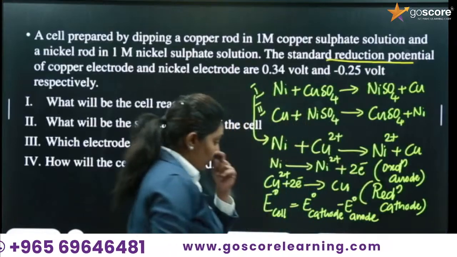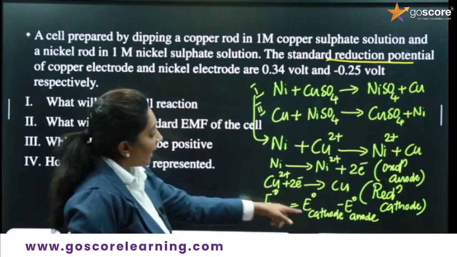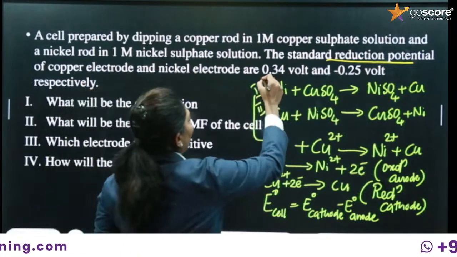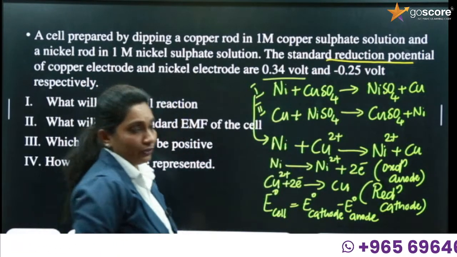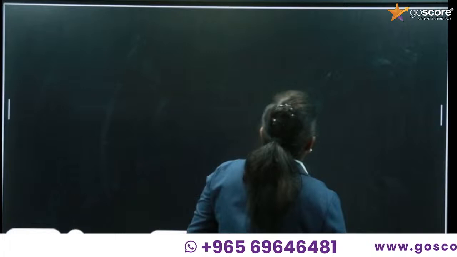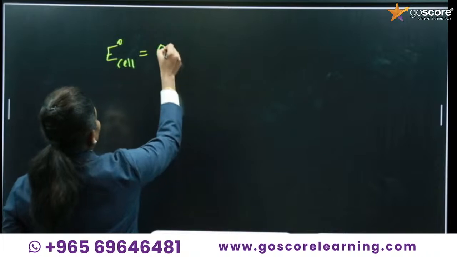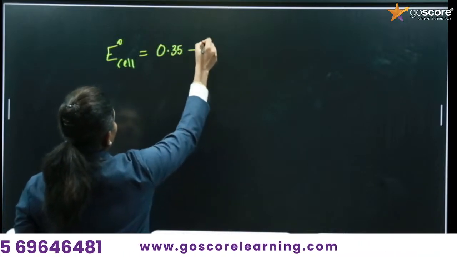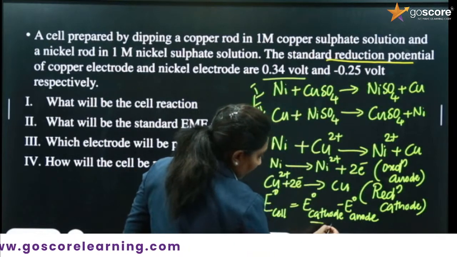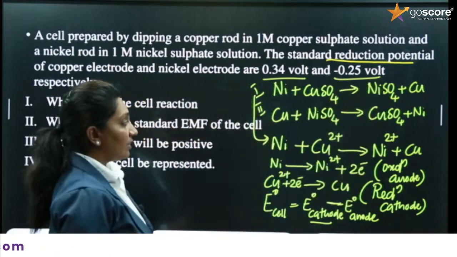So what values did you get here? E naught cell is equal to E naught cathode minus E naught anode. The cathode is copper, and we have the copper electrode and nickel electrode values. The copper value is 0.34, right? 0.34 minus the value for the anode standard electrode reduction potential.